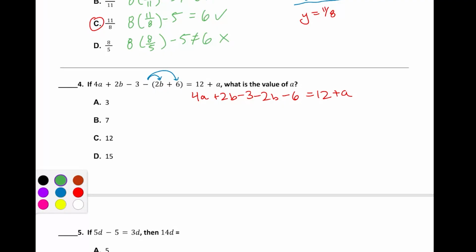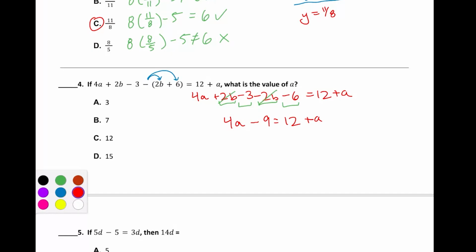And now I can start to combine my like terms. And I've got a few here. 2b minus 2b is 0, so those just cancel each other out. We can ignore the b's now, and that's where all the b's go. And then I'm going to combine minus 3 minus 6 is minus 9. So 4a minus 9 equals 12 plus a.